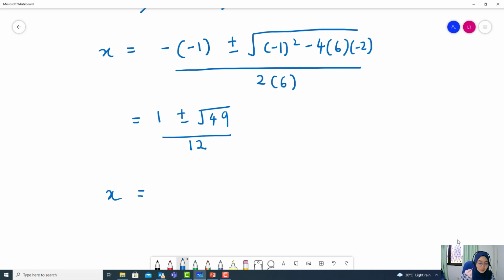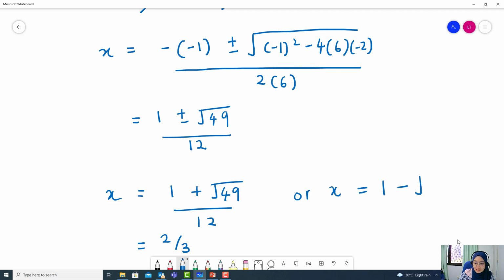Therefore, x equals 1 plus 49 over 12, equals 2 over 3, or x equals 1 minus 49 divided by 12, so x equals negative 1 over 2.